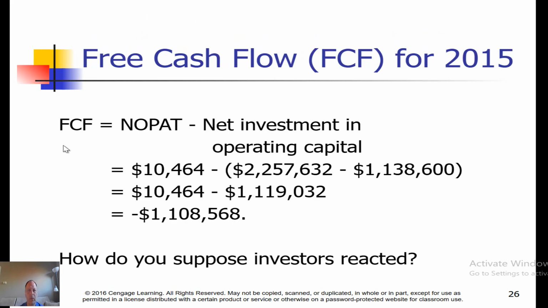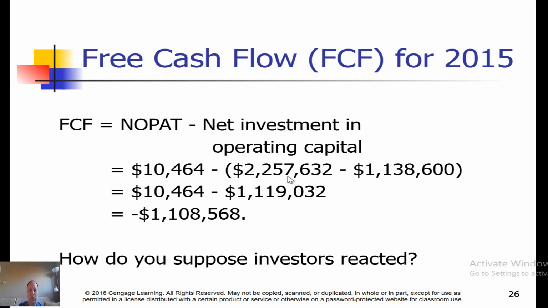Free cash flow is NOPAT minus net investment in operating capital. Our NOPAT for 2015 was only 10,464, and we had a huge increase in the net investment in operating capital.